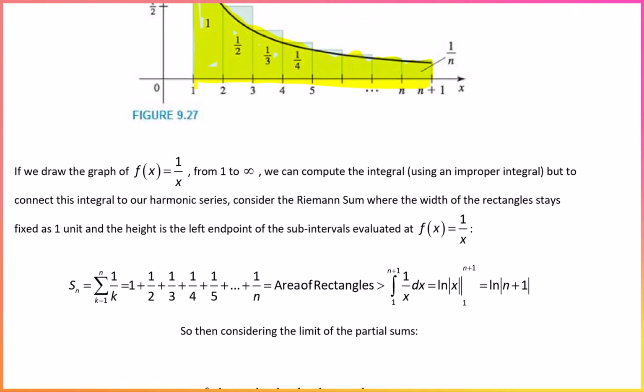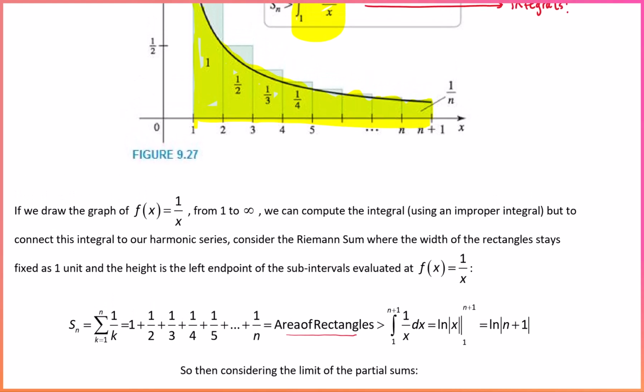When we take the integral, take a look here: the partial sums, S sub n, if we're adding all of those up, that is equal to the area of the rectangles, which is, as we can see visually, greater than the integral from 1 to n plus 1. But that's just a simple integral. That's just the natural log of x, and we evaluate it from 1 to n plus 1. So the natural log of n plus 1.